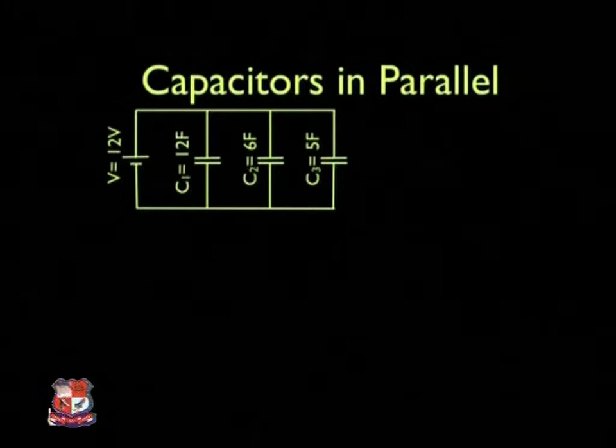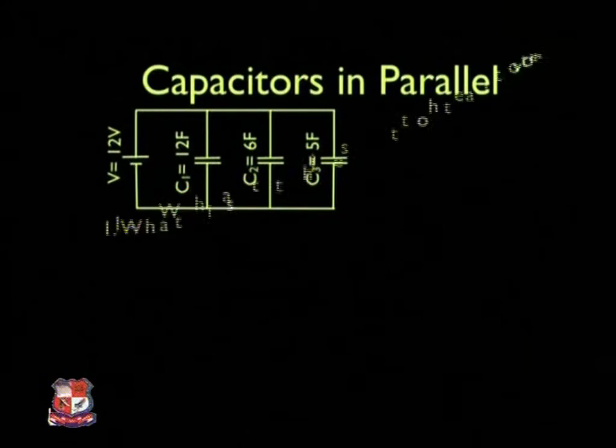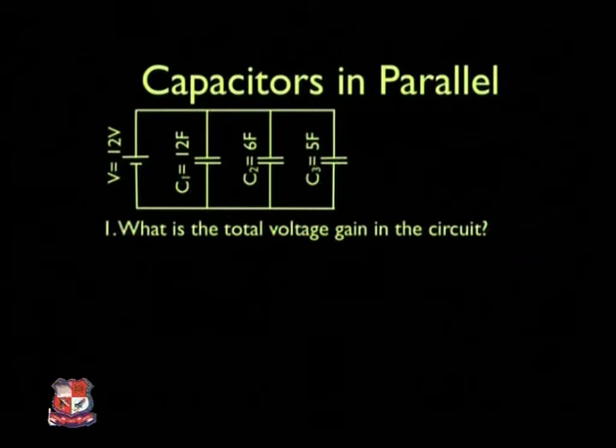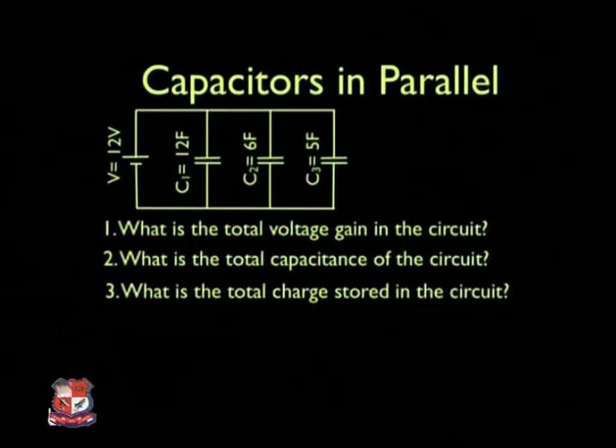And we're going to do 5 different things in this video. First of all, we're going to figure out the total voltage gain in this circuit. Then we're going to get the total or equivalent capacitance, the total capacitance of the circuit. And then we're going to get the total charge stored in the circuit.